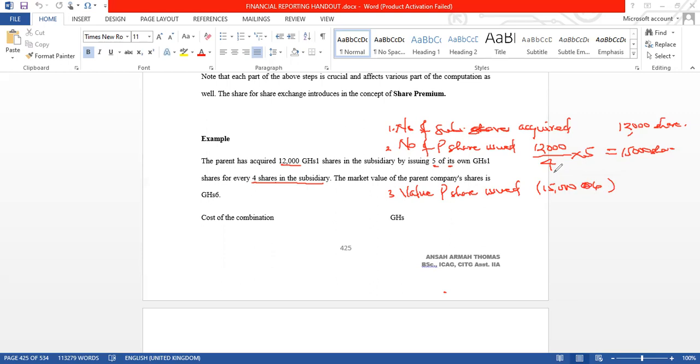So if you multiply by 6, the amount you have is 90,000. And here it is in money form. This is what is going to your capital.